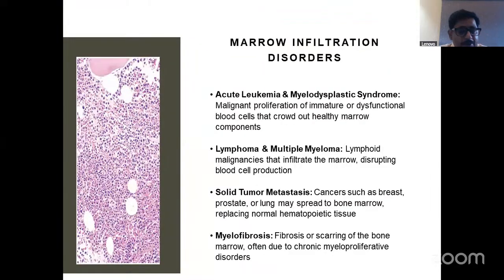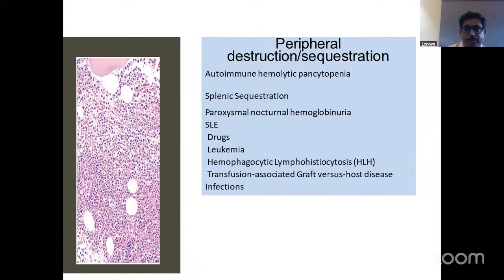Marrow infiltrative disorders in adults, the important ones are acute leukemia and myelodysplastic syndrome, lymphomas and multiple myelomas, solid tumor metastasis, and myelofibrosis. So these are important causes of marrow infiltration in adults leading to pancytopenia.